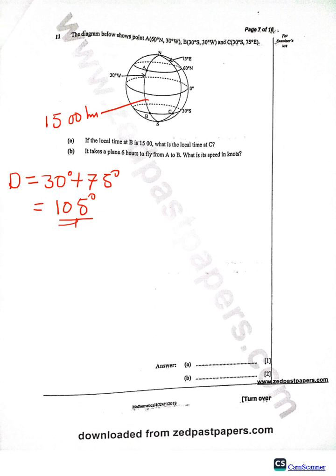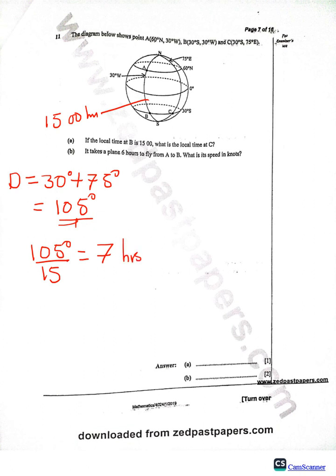Then after that, we need to convert this difference in longitude into hours. So you need to divide 105 by 15. So 105 divided by 15: 15 plus 15 is 30, plus 15 is 45, plus 15 is 60, plus 15 is 75, plus 15 is 90, and so on, so we have 7 hours.